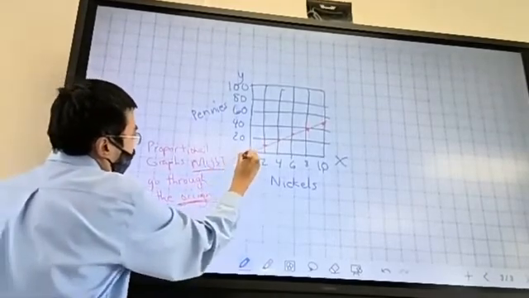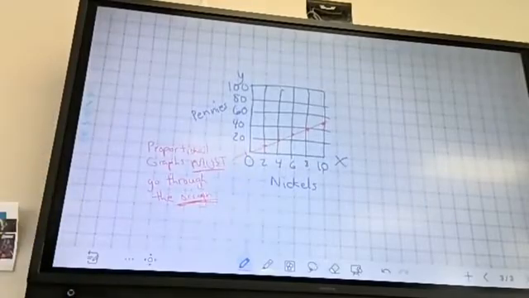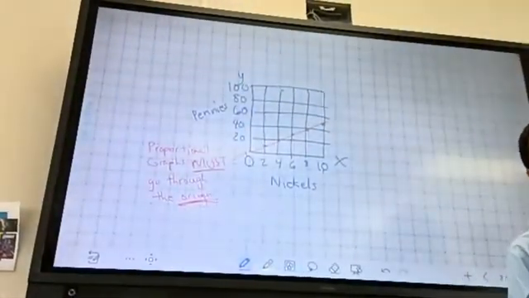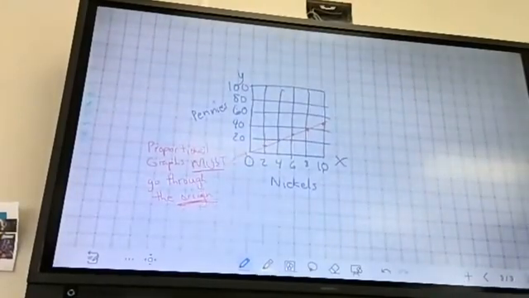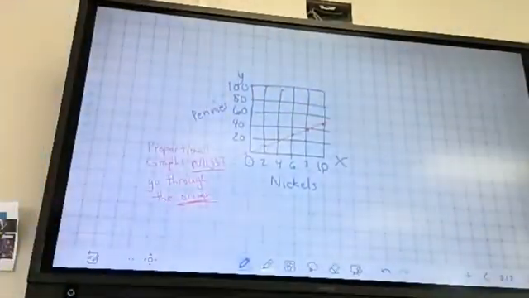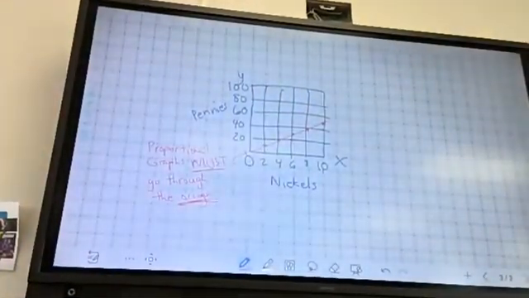So here's the origin. It goes exactly through the origin. If you have 0 nickels, you're definitely going to have 0 pennies. If you have 0 tablespoons of sugar, you're definitely going to have 0 teaspoons of sugar. So 0, 0 tells you that it's proportional.